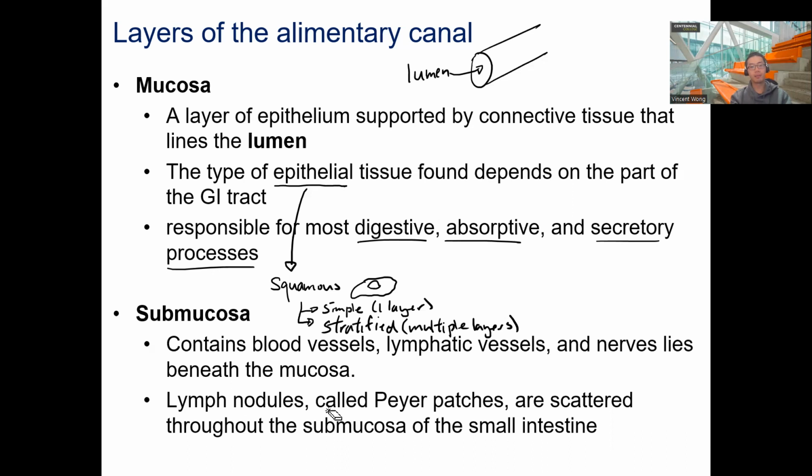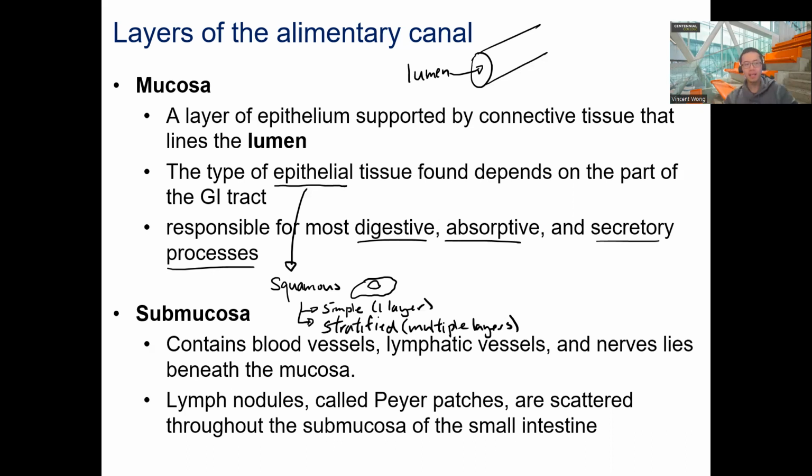The submucosa is outside of the mucosa, and this is the layer where you will have the blood vessels, the lymphatic vessels, and nerve endings. Blood vessels are there for obvious reasons. They nourish your GI tract with nutrients and oxygen and take away the waste products, like what blood vessels normally do. But more importantly, the blood vessels located in the submucosa of your small intestine are responsible for absorbing nutrients.